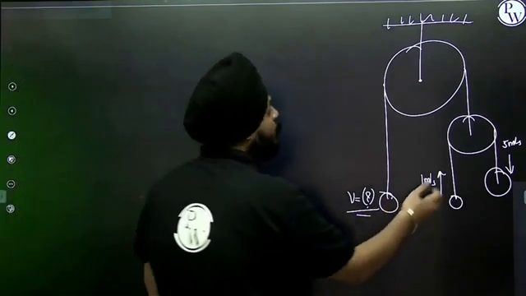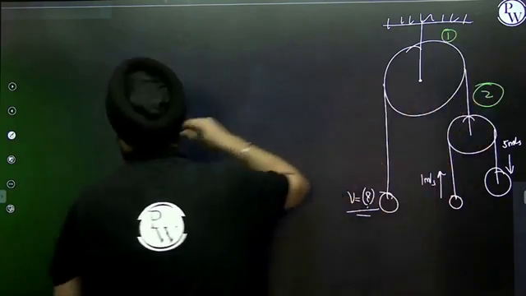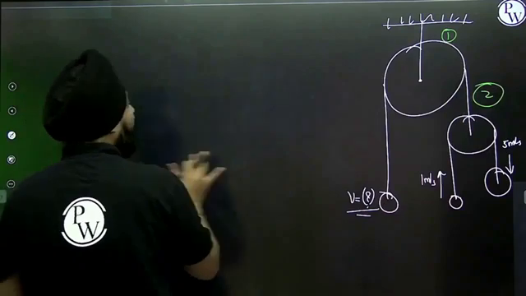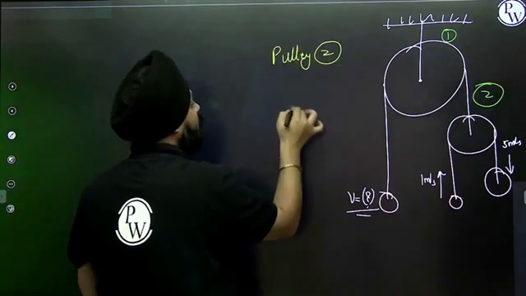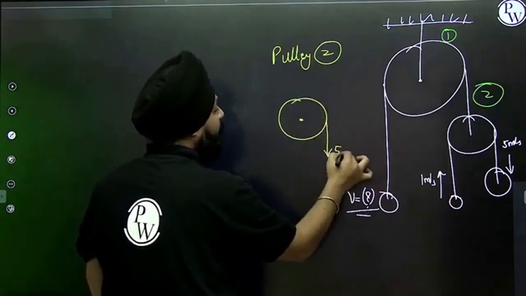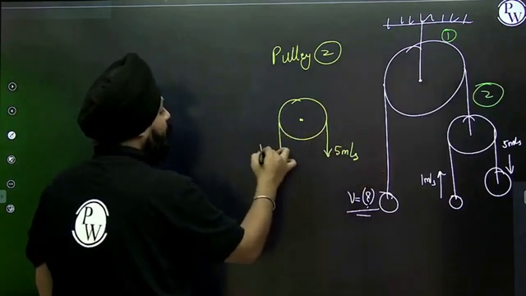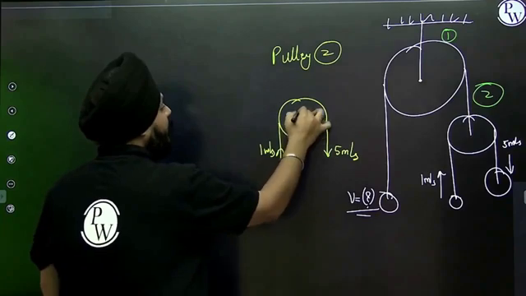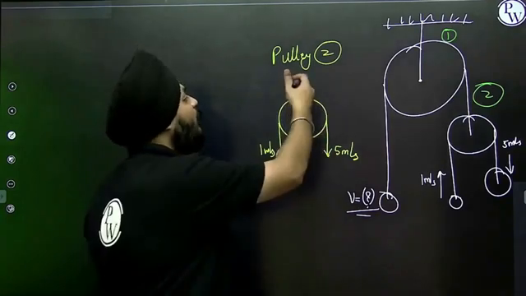First of all, we have two pulleys, pulley number 1 and pulley number 2. So we need to apply the shortcut first for pulley 2. This arm is moving downward at 5 meter per second, this arm is moving upward at 1 meter per second, and this arm will move either downward or upward.